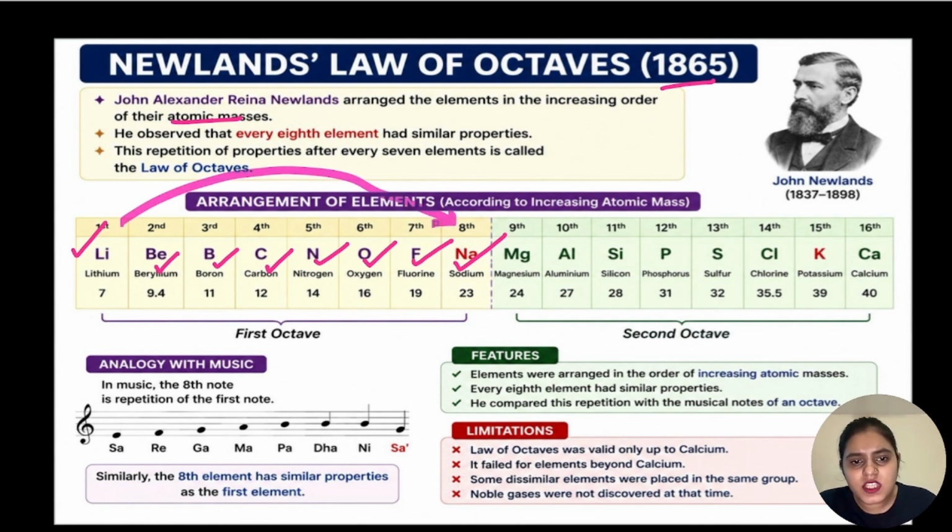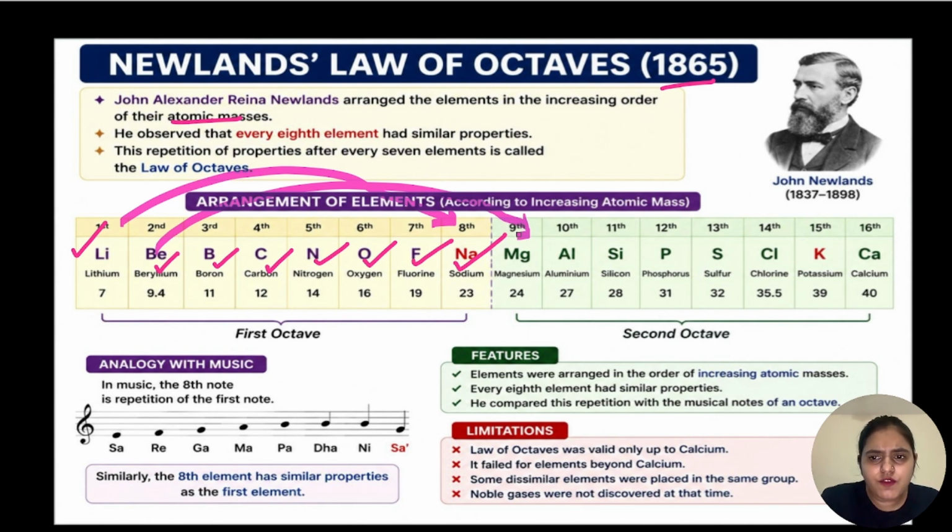So both have similar chemical properties. Similarly, if we start from beryllium, magnesium is the 8th element, right? So they also show similar chemical properties. So this repetition continues, which led Newland to propose the law of octaves.